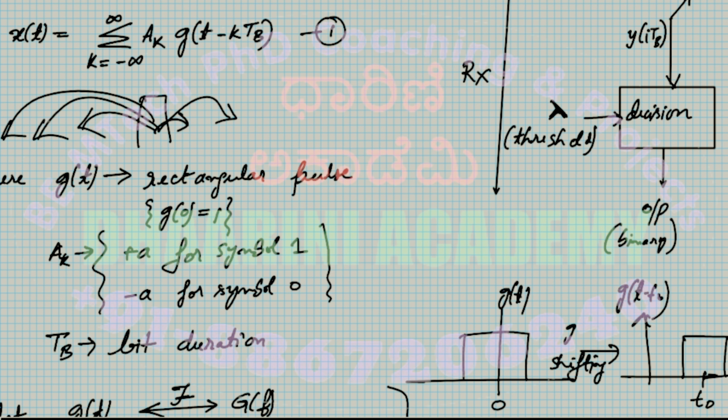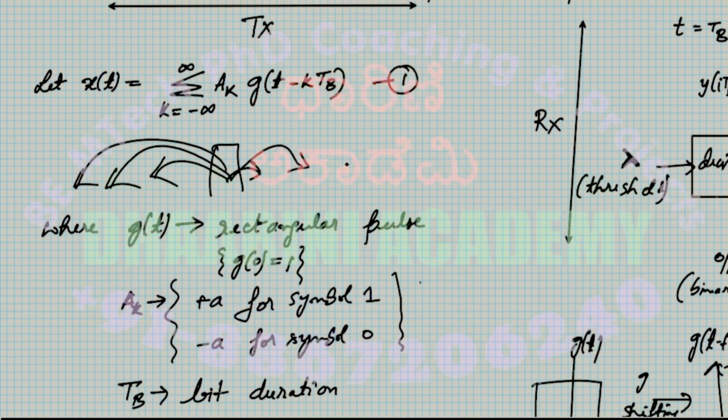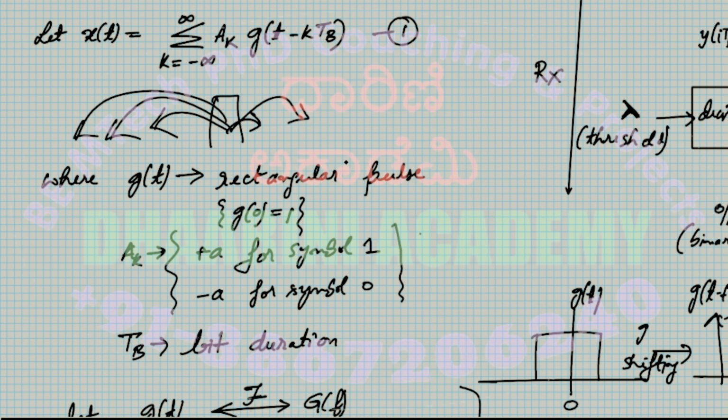Now, once again, we go back to our original equation, where we start with x of t. x of t is equal to the sum from k equals minus infinity to plus infinity of a_k, the amplitude value, times a pulse g of (t minus kT).